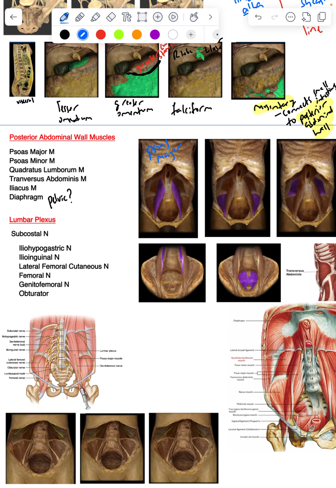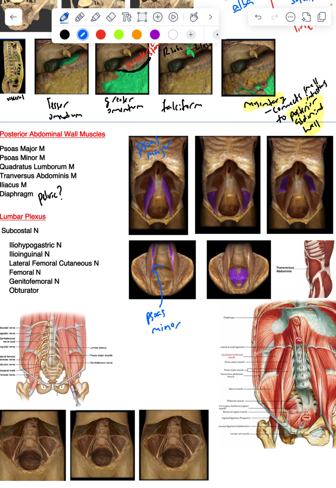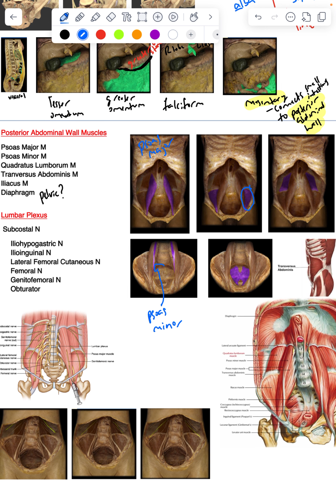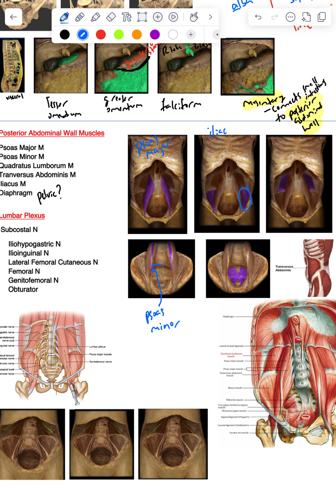The little tendon that goes with that muscle is smaller, so it's psoas minor. We then have, so this right here, if you removed all of this stuff and you could just see the pelvis by itself, that would be your iliac fossa. So the muscle there would be your iliacus muscle.